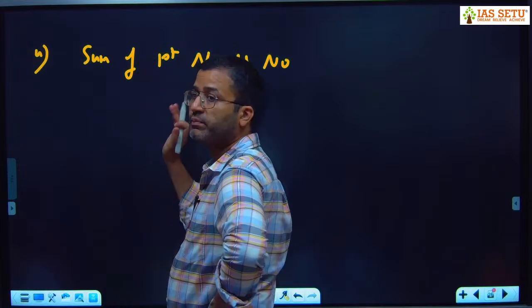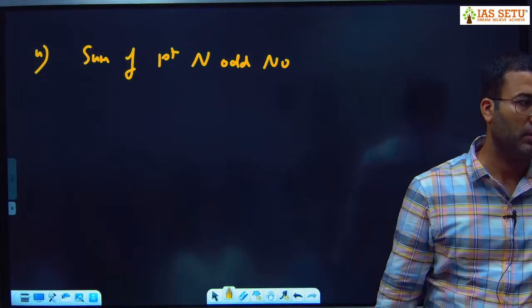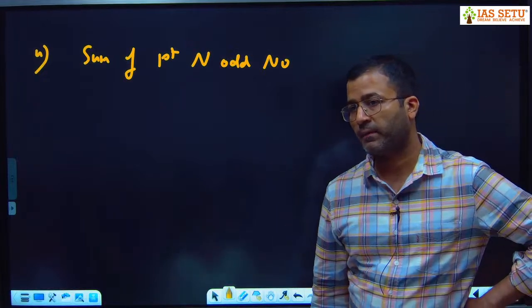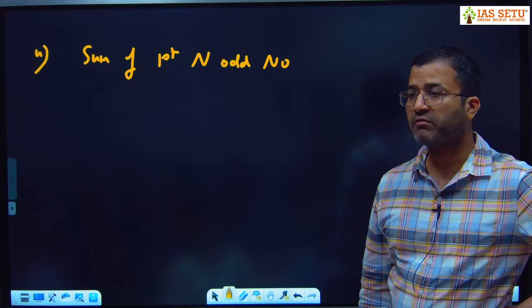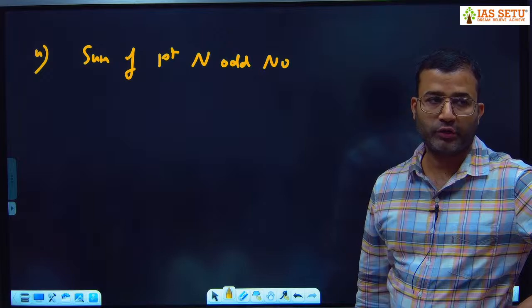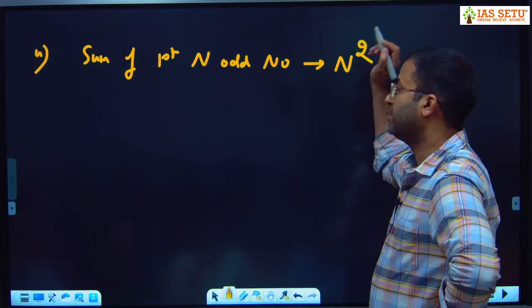One plus 3 plus 5, odd number. When we add only the odd number, 1 3 5 7. Sum of first n odd number. Can anyone tell? N square. Sum of first n odd number is n square.